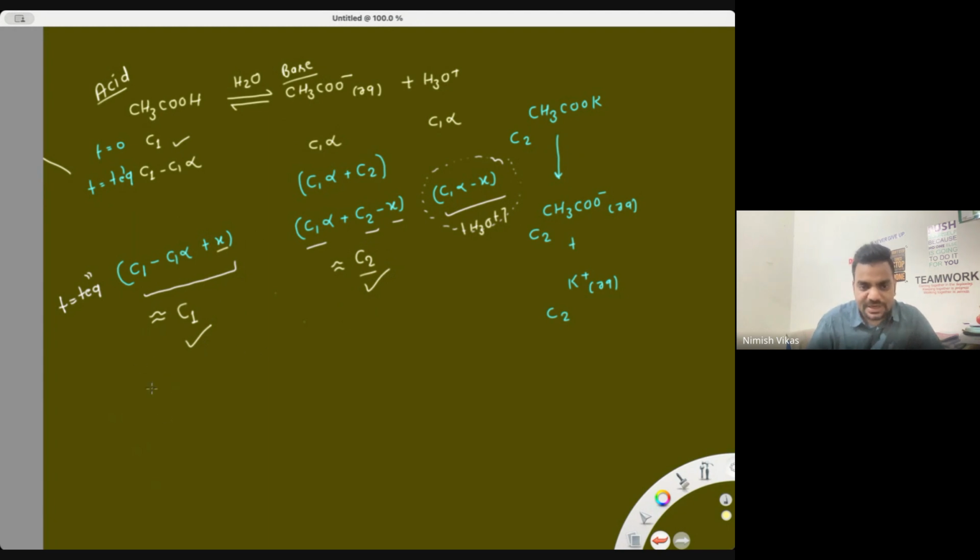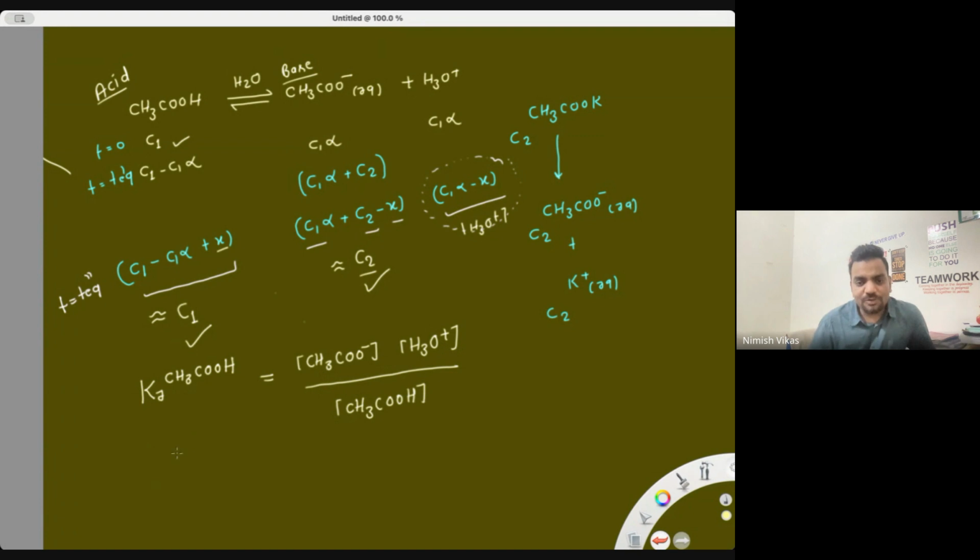So let me just write the Ka expression of this acid. Ka of this acid will be acetate ion concentration multiplied with hydronium ion concentration divided by acetic acid concentration.